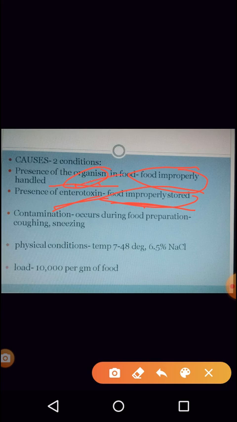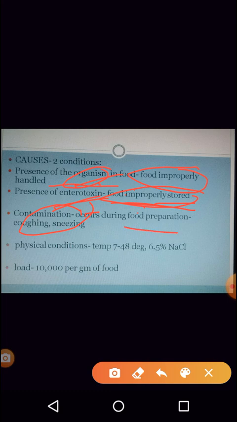So maybe because of the organism that's present, you are taking in the organism along with the food. Because of improper food handling, the person may be a carrier of that organism, so he may give you food that is improperly handled. Enterotoxin is when the food is stored improperly. Second is contamination, that is, how does it get contaminated.